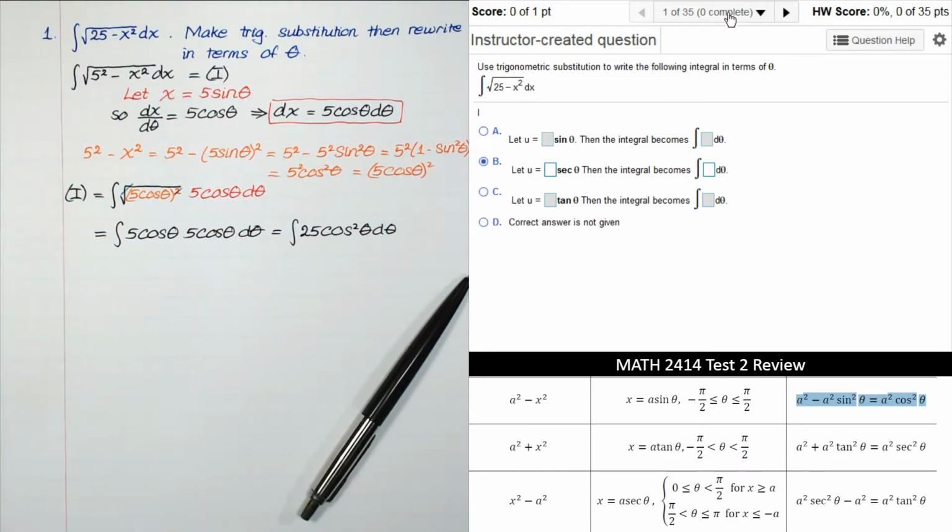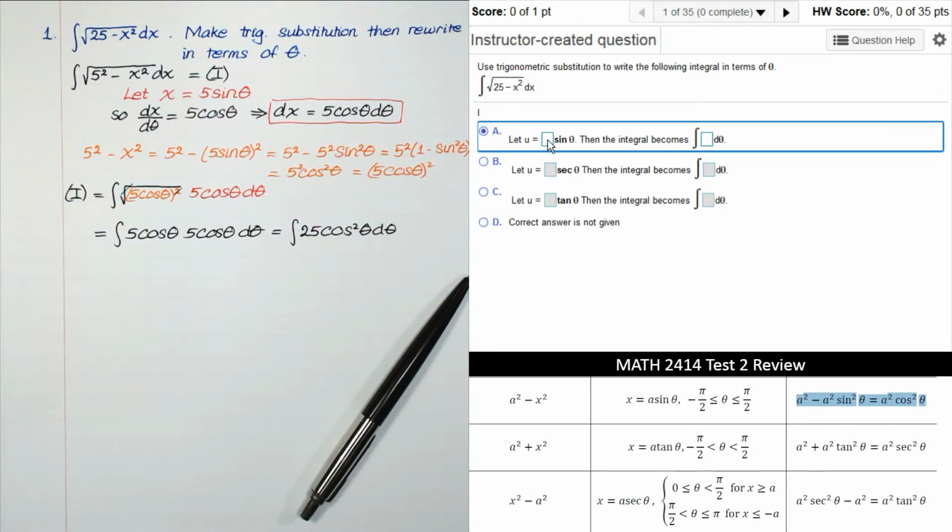Right. So the answer is going to be, here we just type 25 and then cosine. To type the power, we hit shift and number 6, and then 2, and then to type theta, we'll just spell it out, backslash and then theta.